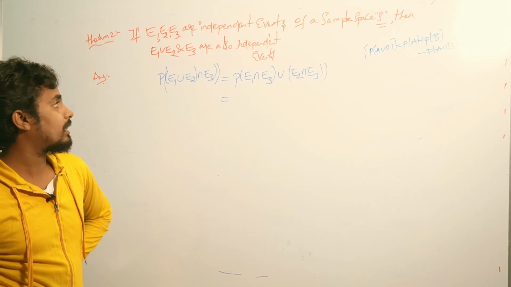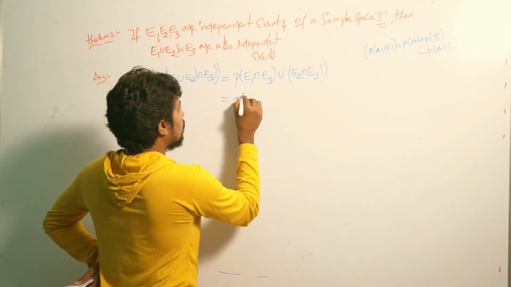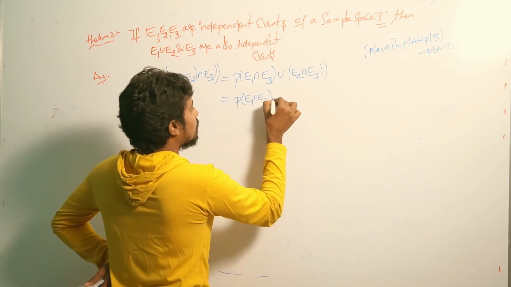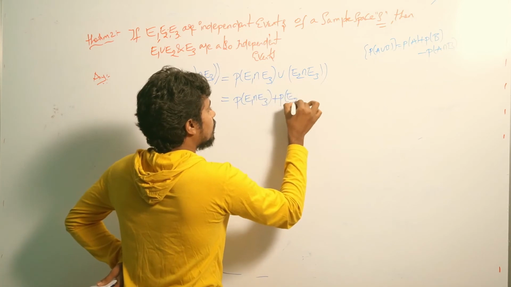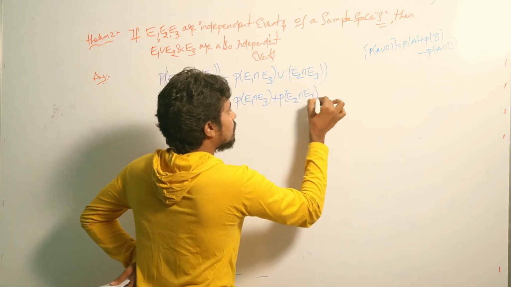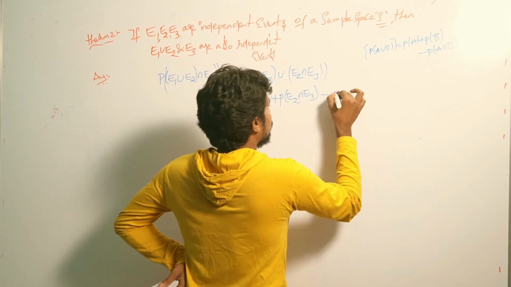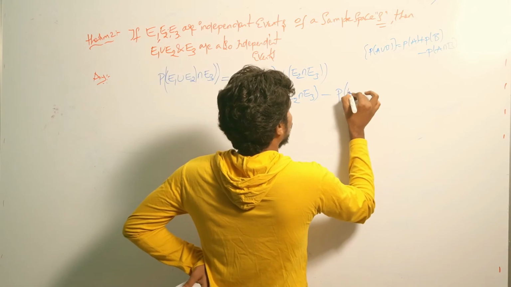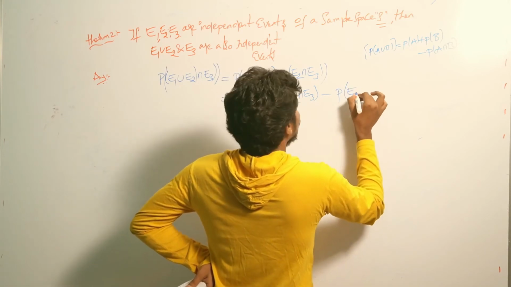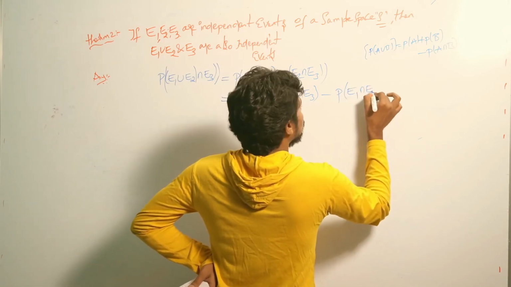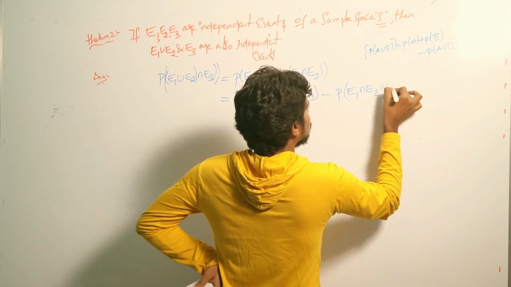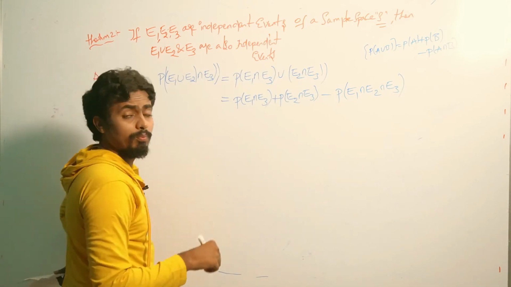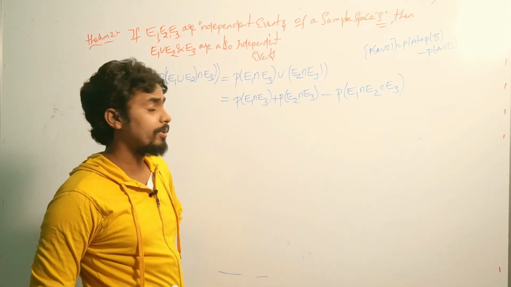That will be the P of E1 intersection E3 plus P of E2 intersection E3 minus P of E1 intersection E3 and E2 intersection E3, and you already know P of A intersection B is P of A into P of B.